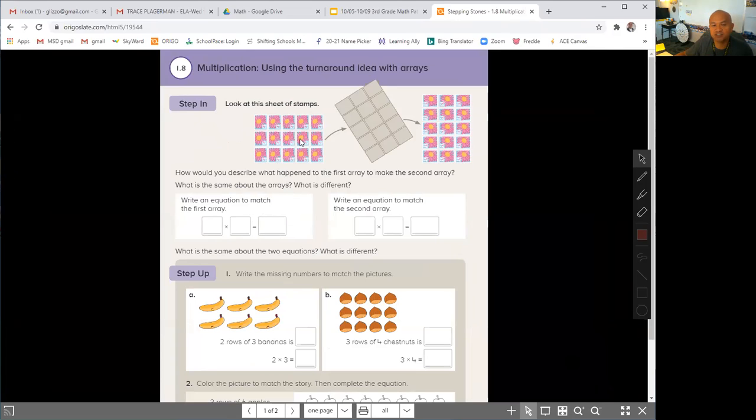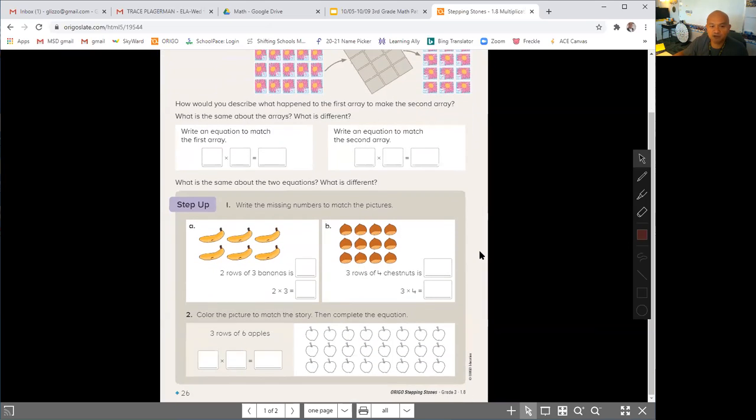But they took this sheet of stamps, oh my voice. They took this sheet of stamps and then they flipped it on its side. So same thing, instead of 3 rows of 5, we have 5 rows of 3, and you're gonna write that equation right here. It should be the same answer because it's the same array of stamps. We didn't change the amount of stamps, okay? Now down here in your step up, 2 rows of 3 bananas.